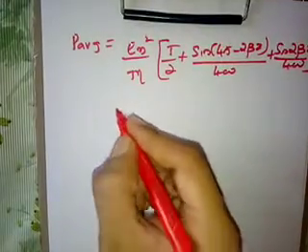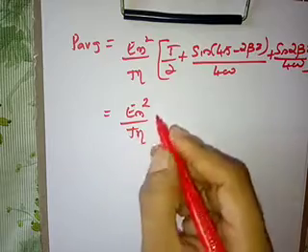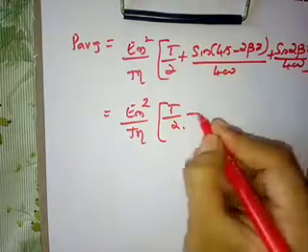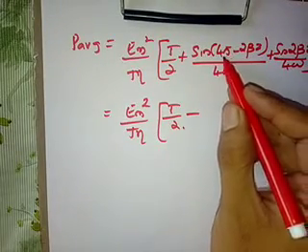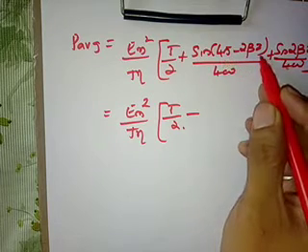Here 4 pi is as good as 720, so it will be sine of 360 minus 2 beta z.